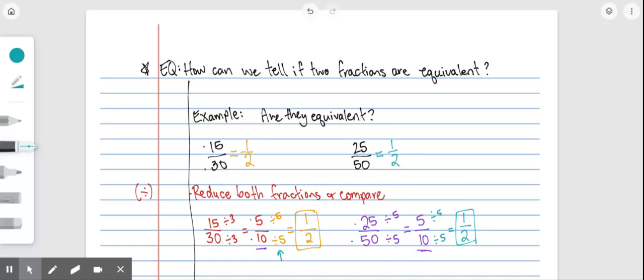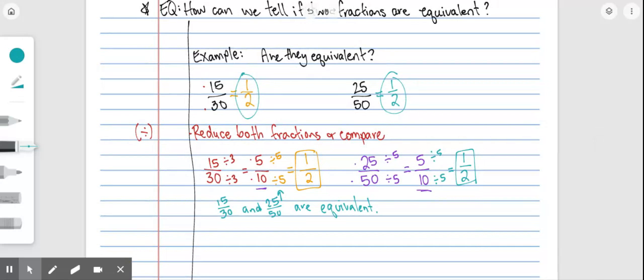Now that I have the most reduced or simplified version of both fractions, I can compare them. Does 1/2 equal 1/2? Yes. So these two fractions, 15/30ths and 25/50ths, are equivalent because they both become 1/2.